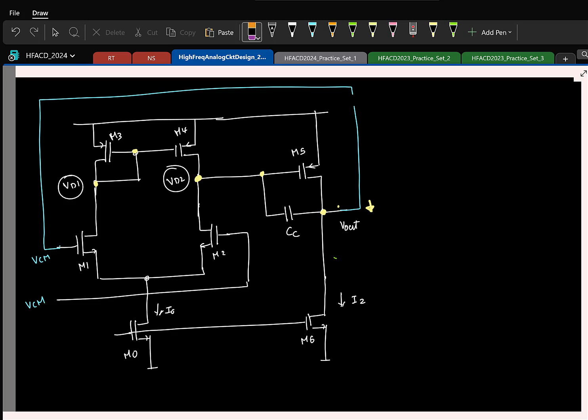Okay. So what I expect is the output voltage must be equal to the same VCM you apply at the other input. This is what we expect.